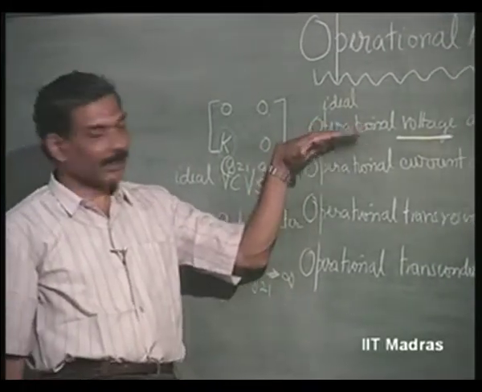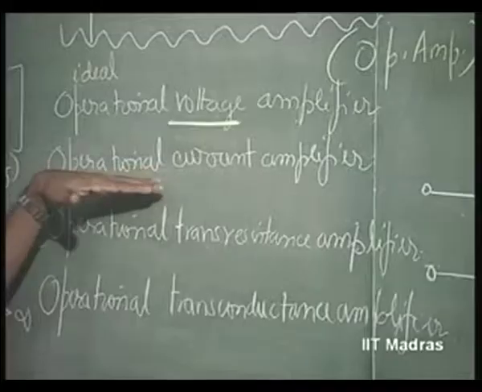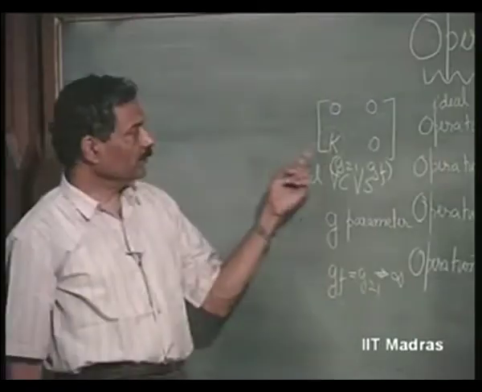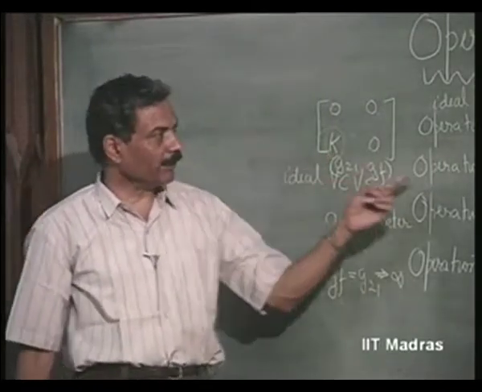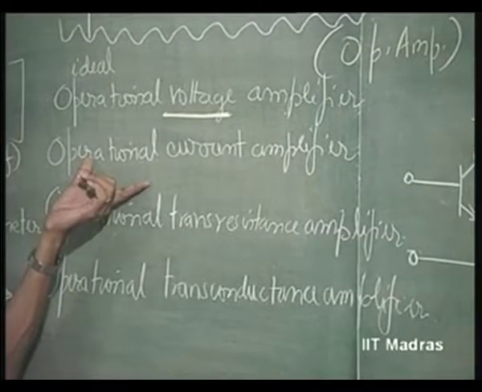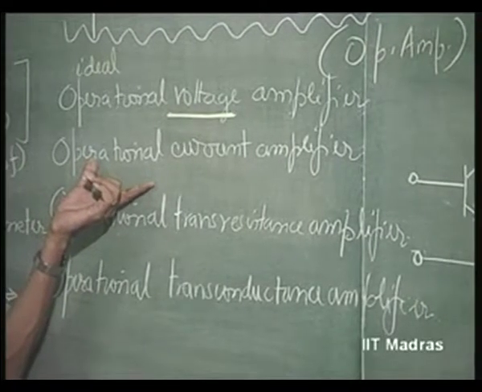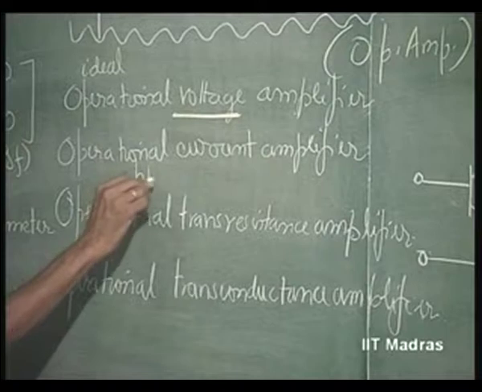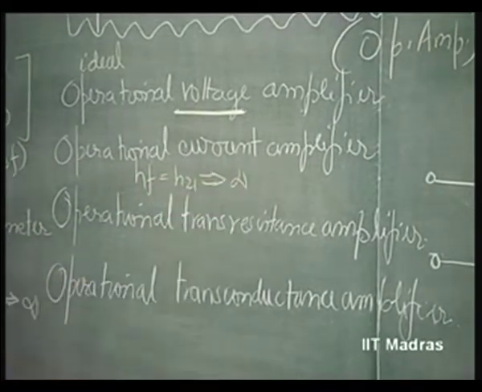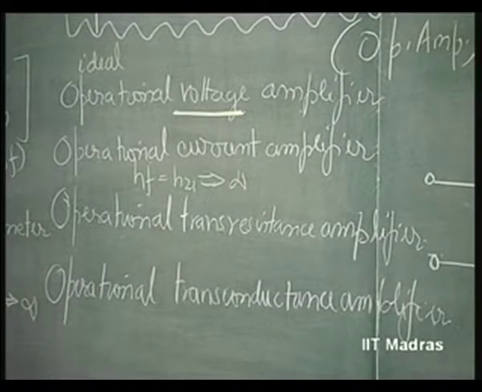Same way we can define ideal operational current amplifier if we take, instead of G parameters, H parameter, and make HF or H21 tend towards infinity, okay, then it becomes an ideal current amplifier.